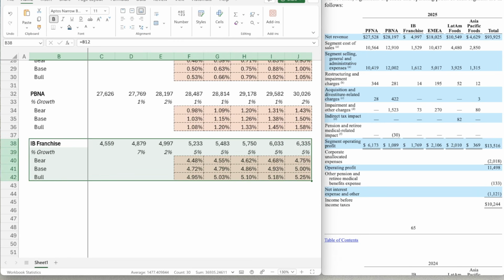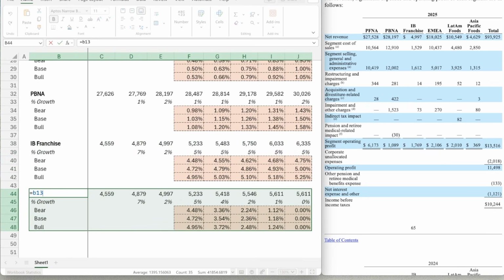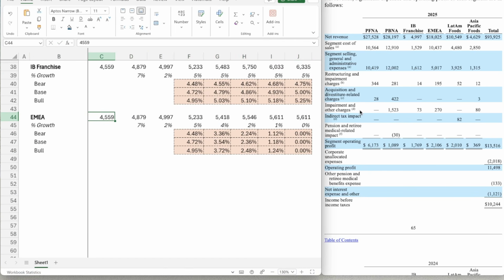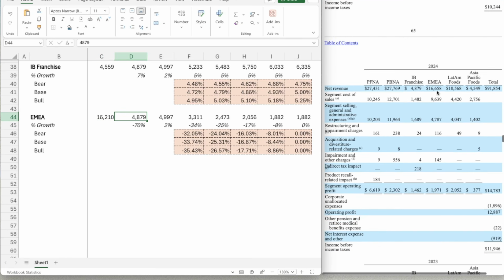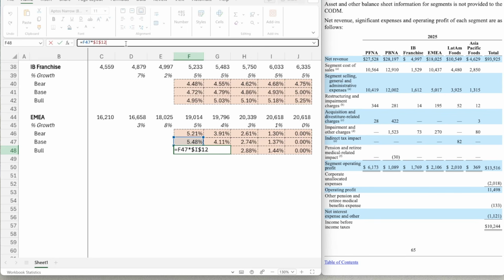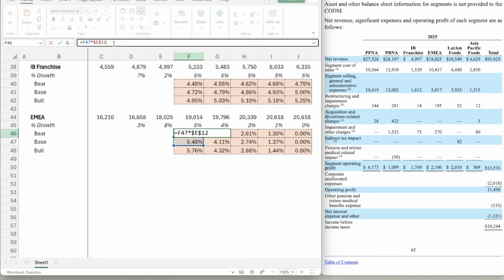We have 3 segments left to do. 16,0, 16,658, 18,025, everything to the appropriate row.